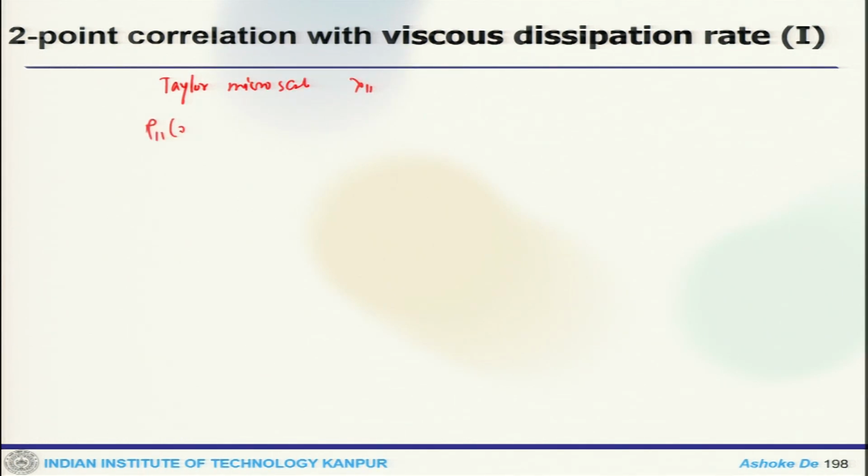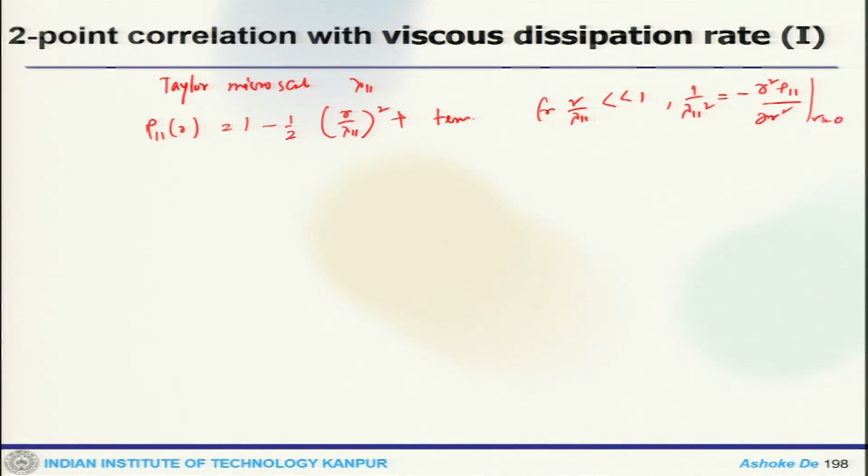Now rho 11 of r is 1 minus half of r by lambda 11 square, plus some extra term, for r by lambda 11 less than 1, where 1 by lambda 11 square is minus the second derivative of rho 11 with respect to r square at r equals 0. So we can estimate the viscous dissipation rate, which will be nu times del ui prime by del xj, squared.